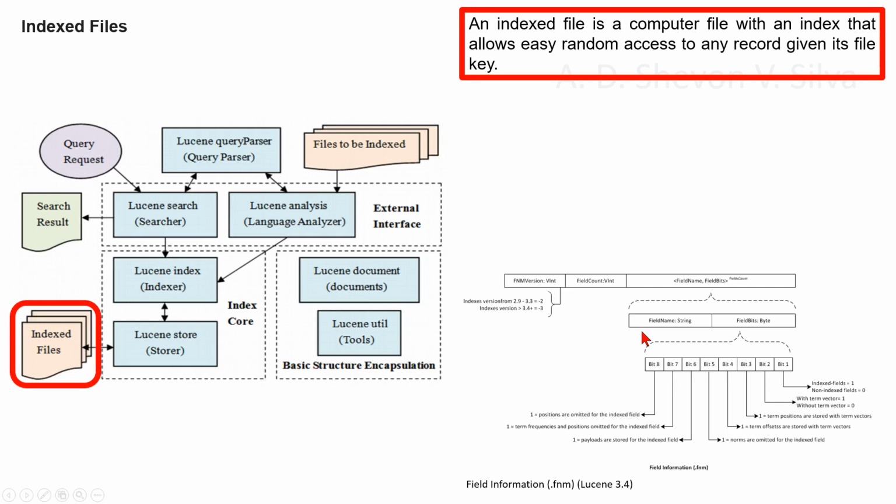Thus field 0 is the first field in the file, field 1 the next, and so on. Note that, like document numbers, field numbers are segment relative.